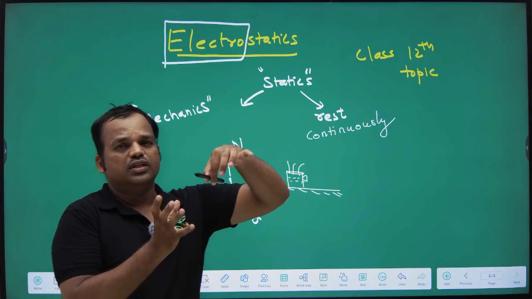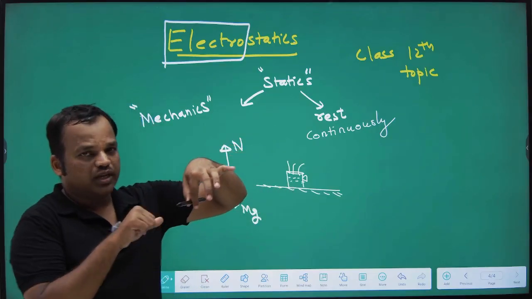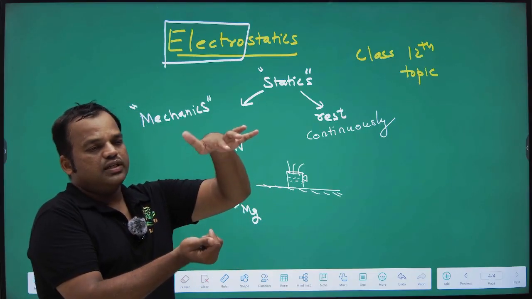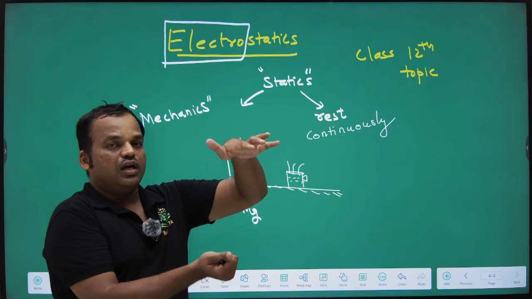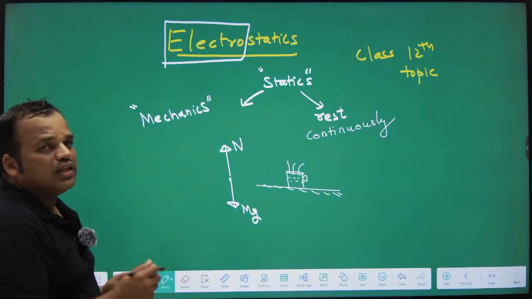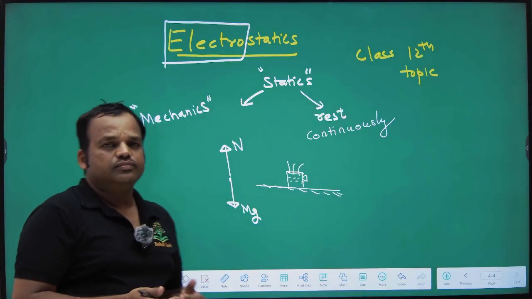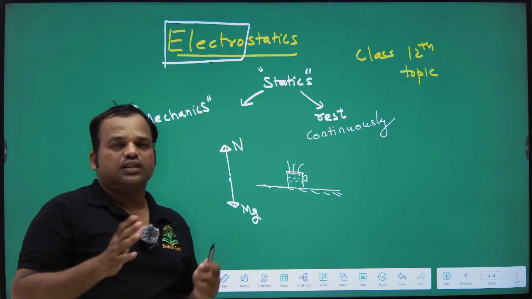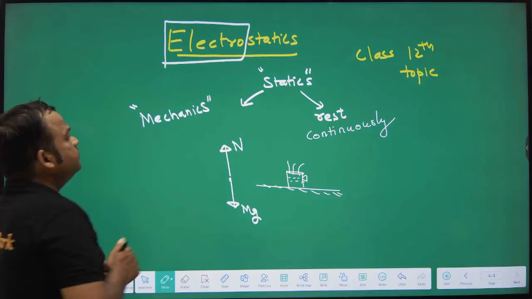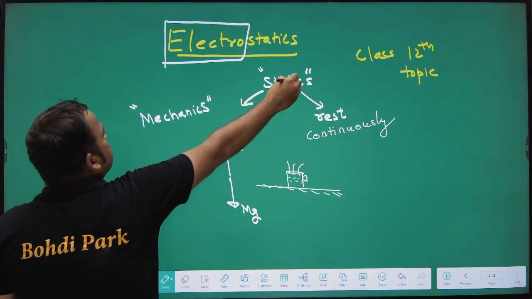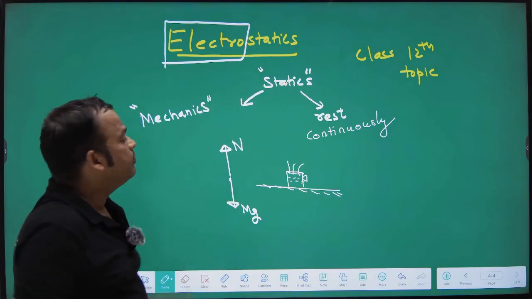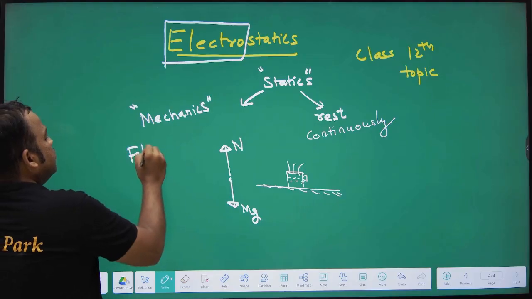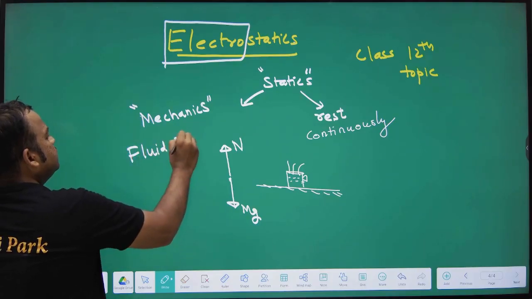When the ball is held by a person, you see the forces are balanced, but when the ball is released from the hand of the person, the force becomes unbalanced. Unbalanced force causes acceleration, and when forces are balanced, acceleration is zero. So statics is the branch of mechanics in which the object is at rest. Then we study about fluid statics also.